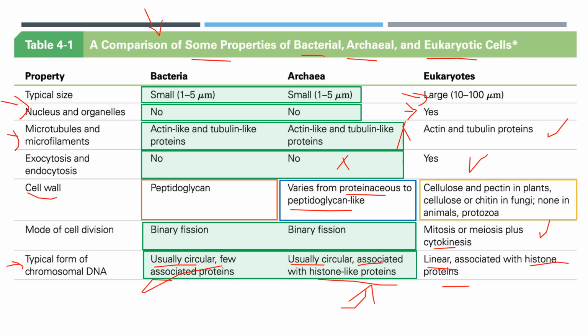And in eukarya you will have several variations. In plants you have cellulose and pectin. In fungi you also have a different one, and in animals you don't have one.